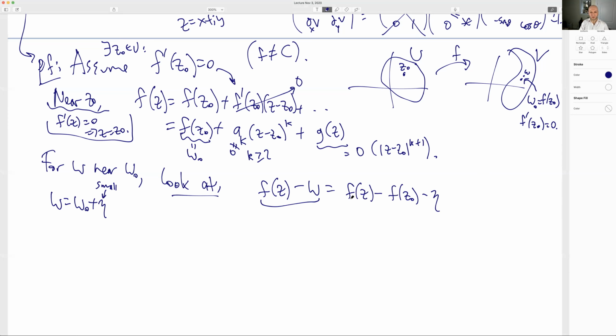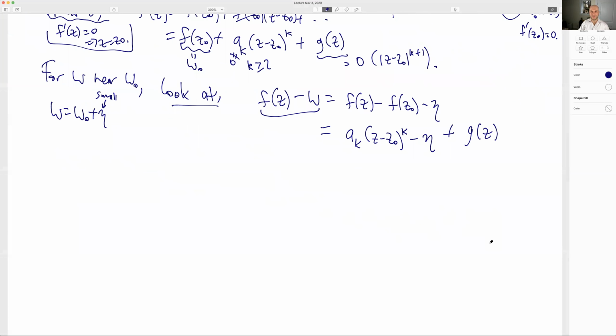Now f of z minus f of z0 is equal to a_k (z minus z0)^k, and I'm subtracting off eta, plus g of z. So far, so good.